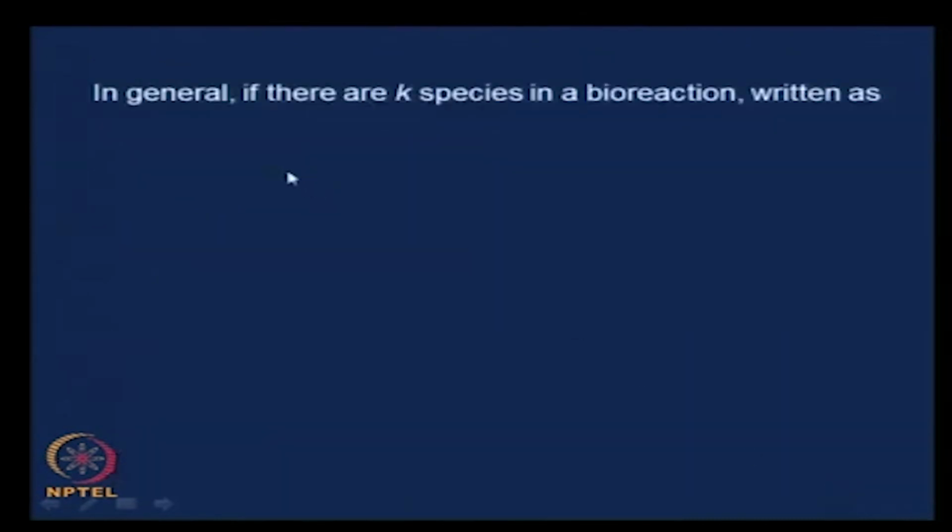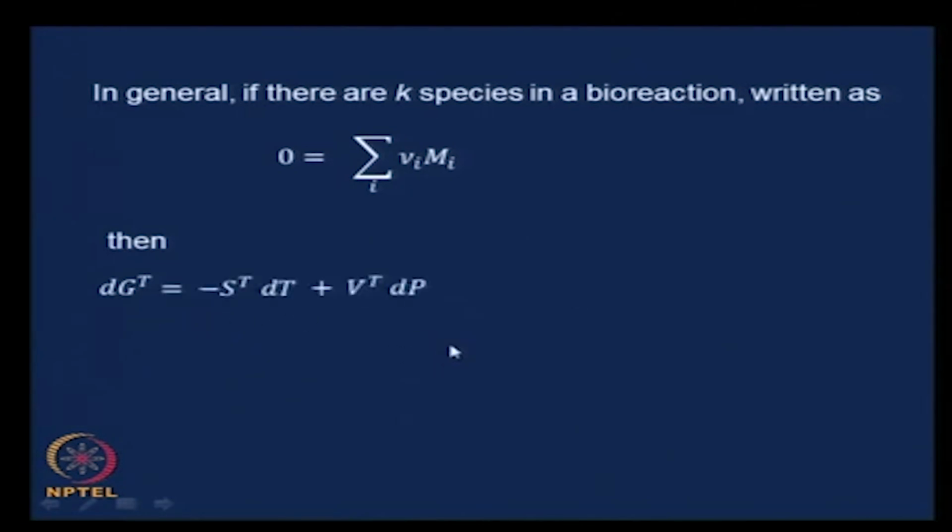Therefore, in general, if there are k species in a bioreaction, written as 0 equals the sum from i equals 1 to k of nu_i M_i, then dG_t equals minus S_t dT plus V_t dP plus mu_1 dn_1 plus mu_2 dn_2 plus and so on till mu_k dn_k.